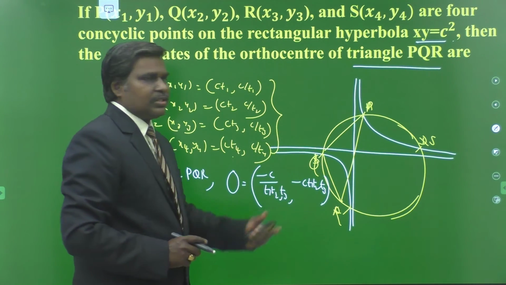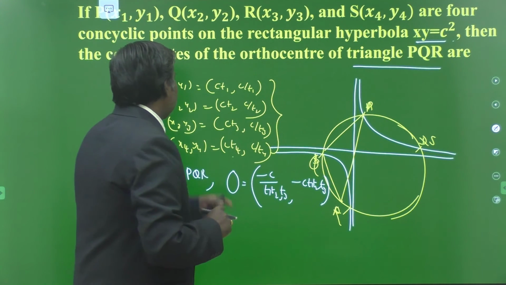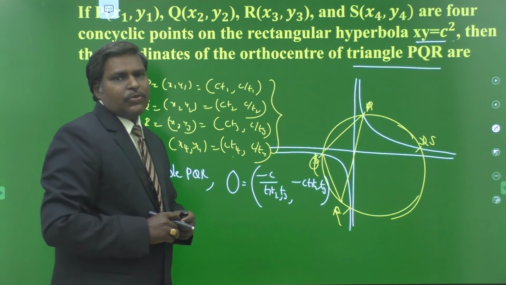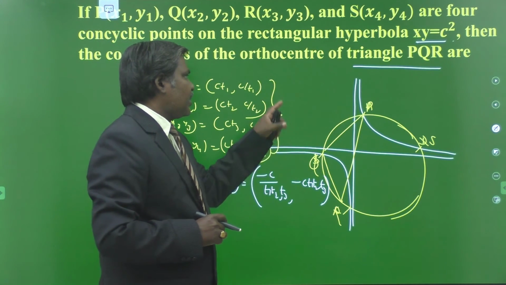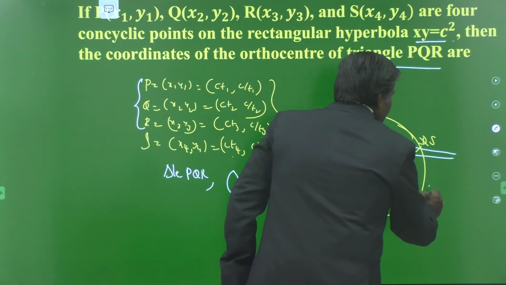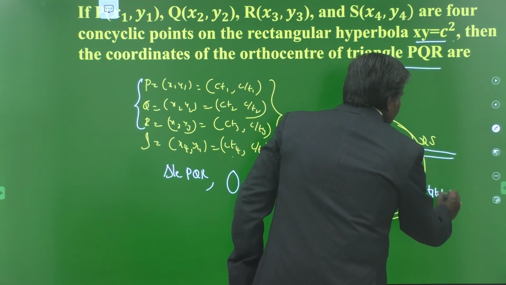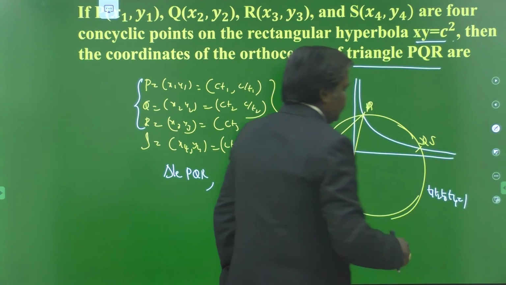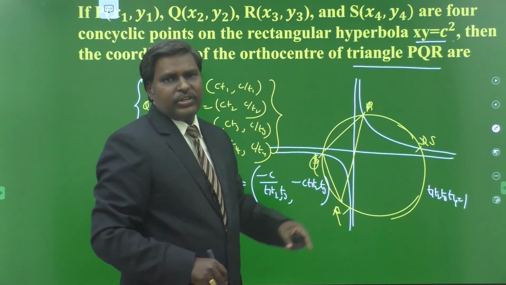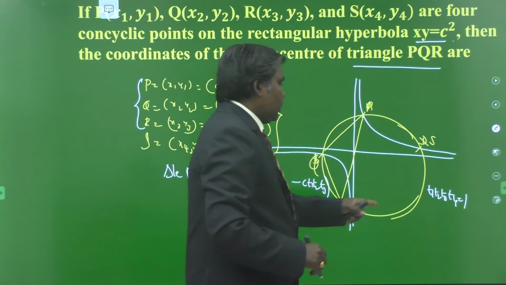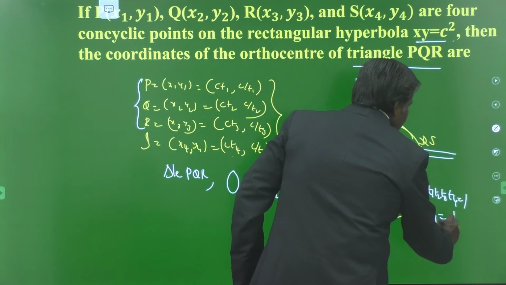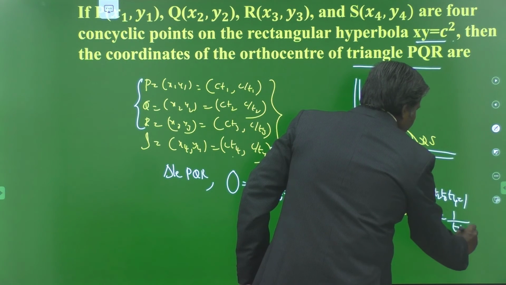We know that (cti, c/ti), for i from 1, 2, 3, 4, are concyclic points on your rectangular hyperbola xy = c square. We know the result: t1t2t3t4 = 1. In the previous class we proved that by taking the 4th degree equation. So t1t2t3t4 = 1. What about t4? t4 = 1/(t1t2t3).